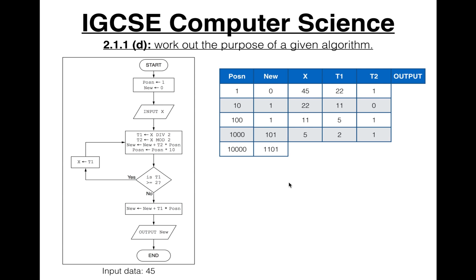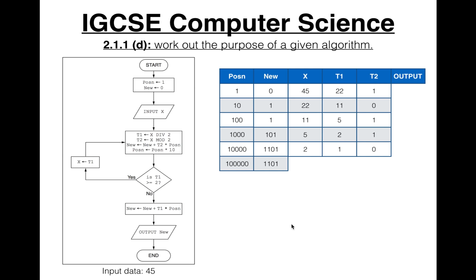Is T1 higher than or equal to 2? Yes, it still is. So X is 2, and T1 is 2 divided by 2, which is 1, with a remainder of 0. New is the same. Position is 100,000.